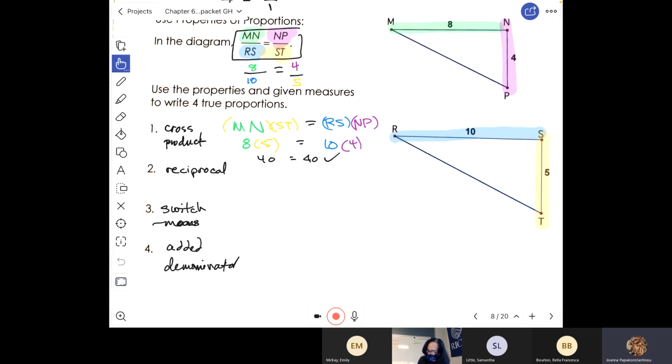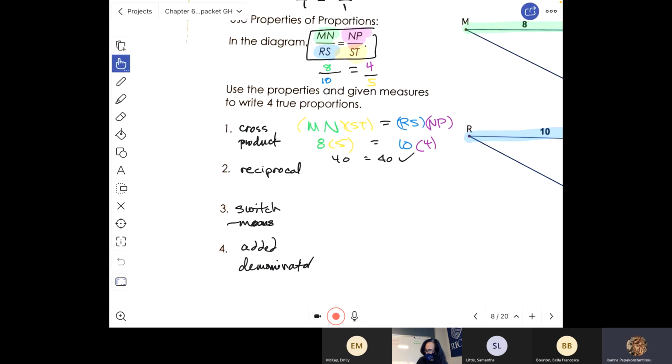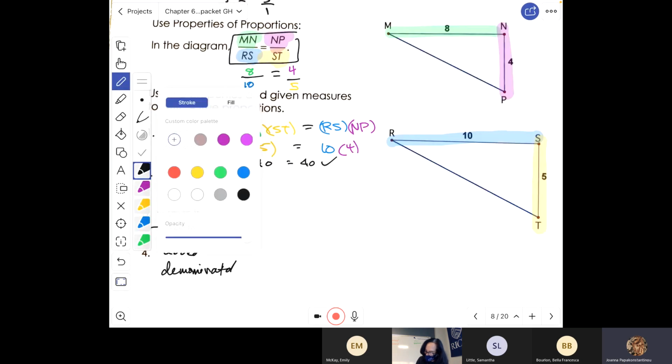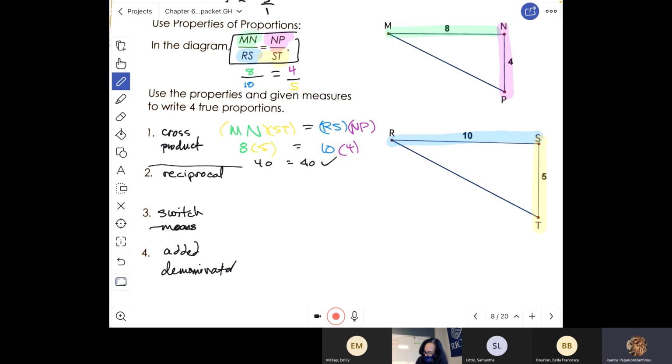Okay, let's look at the reciprocal property. The reciprocal property is what? It says to leave the fractions alone on each side numerically, but invert them. So what do I have on the left-hand side?